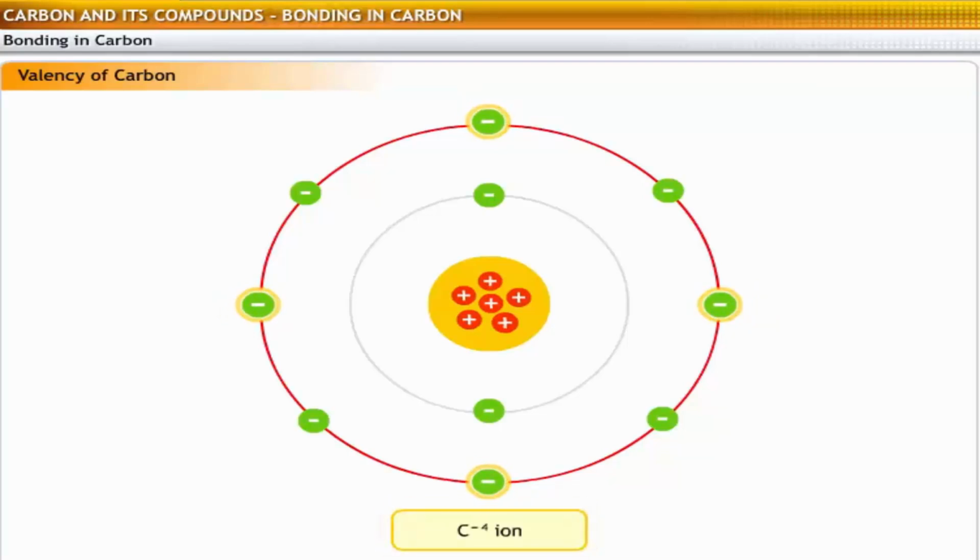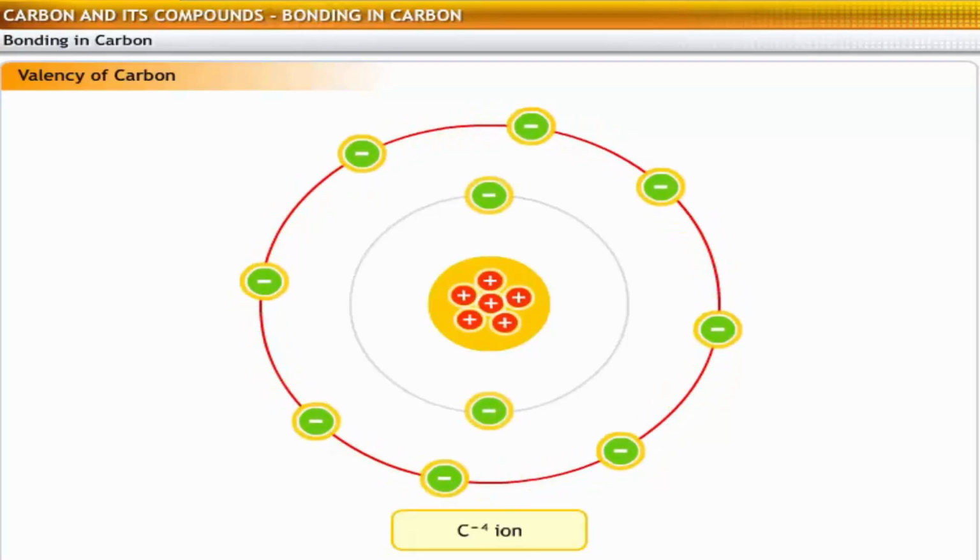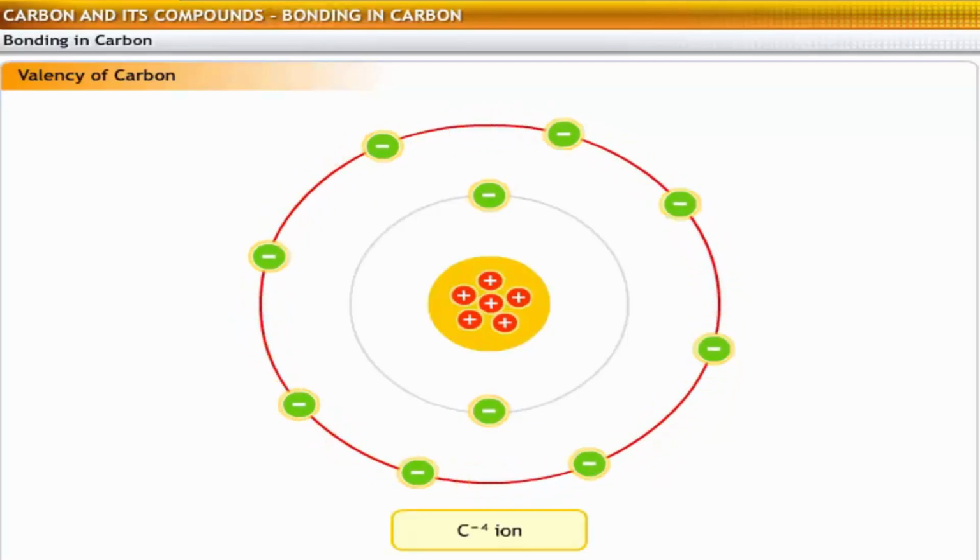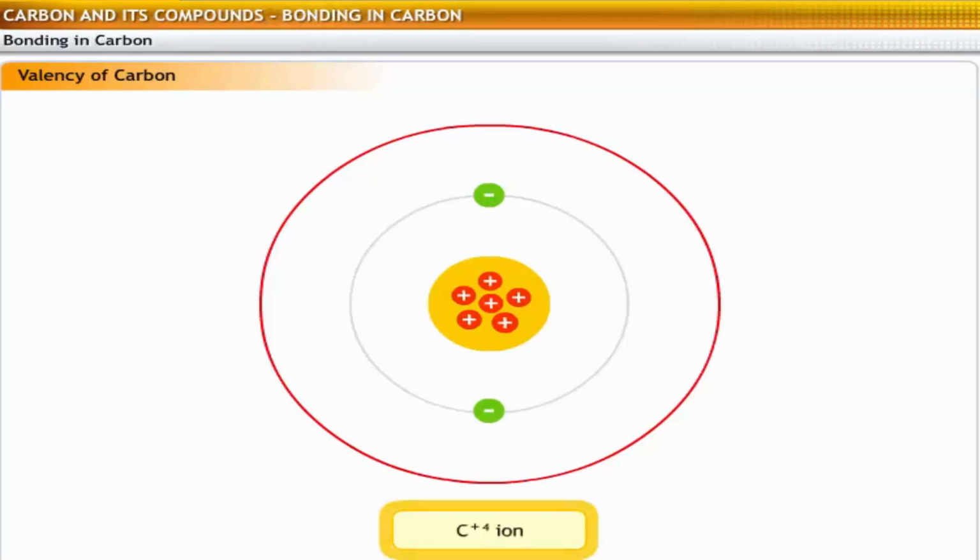But carbon, being a comparatively less electronegative element than fluorine, chlorine, oxygen, etc., is unable to hold 4 extra electrons, meaning it would be difficult for the 6 protons to hold the 10 electrons. Now, suppose it loses 4 electrons, it would form a C+4 cation, which is again a difficult task.